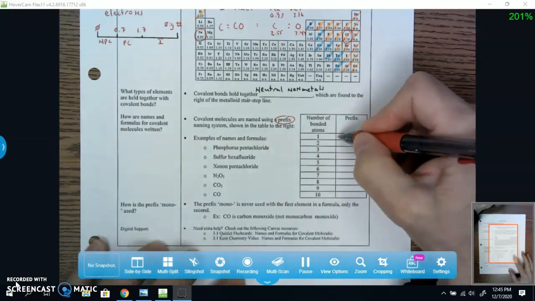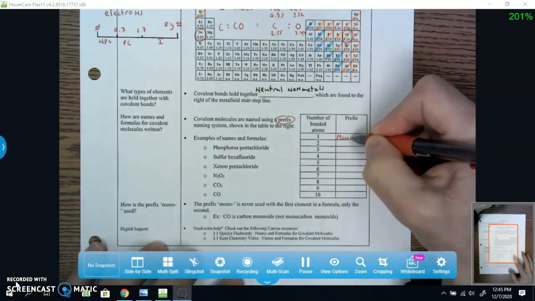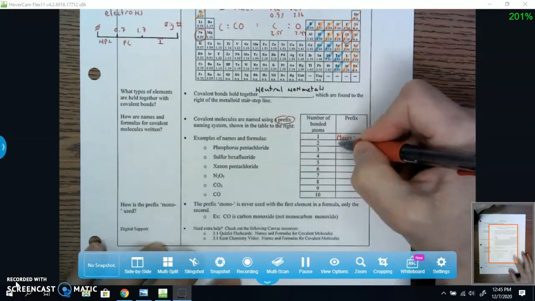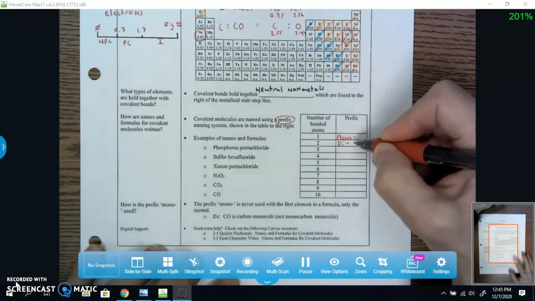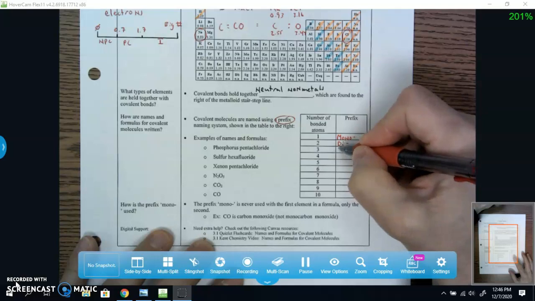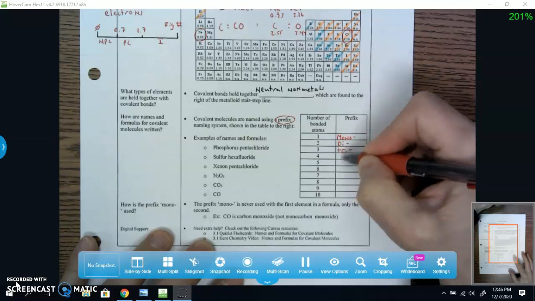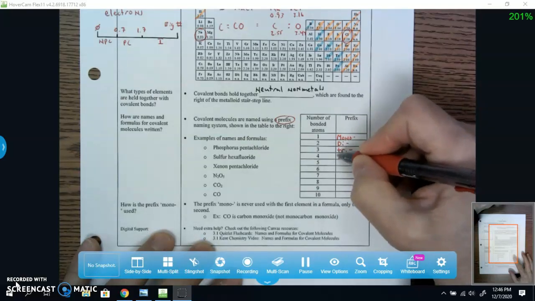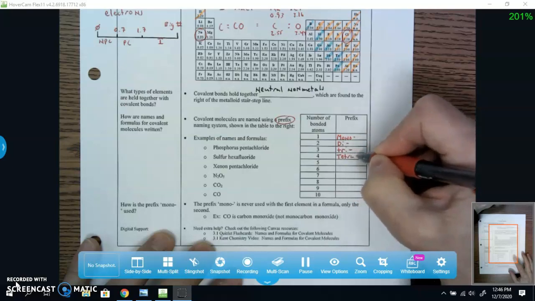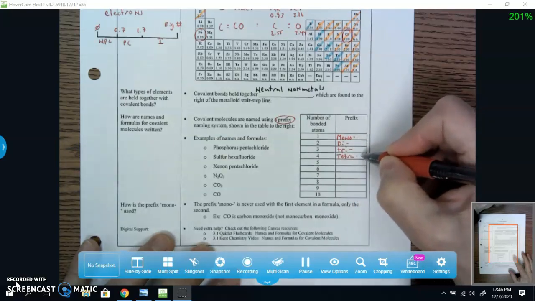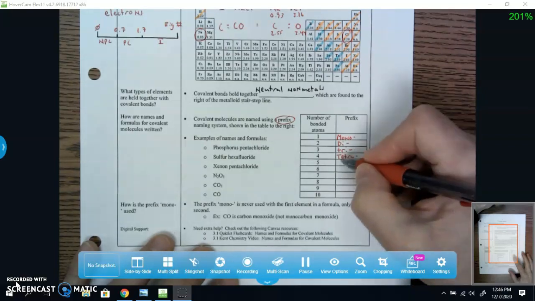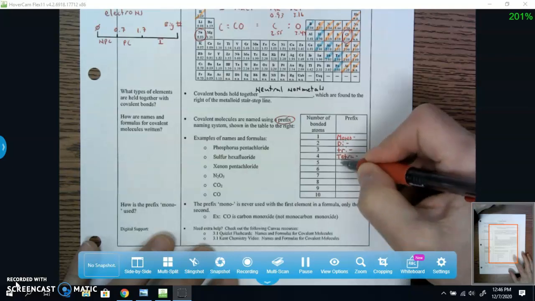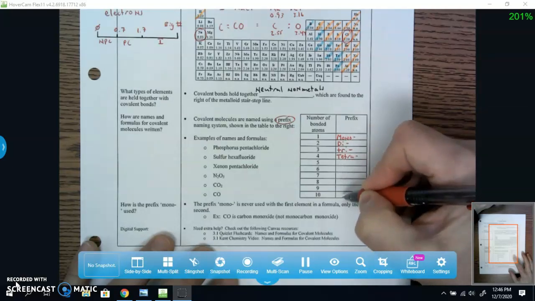All right, 1 is the prefix mono, 2 is the prefix di, 3 is the prefix tri, 4 is the prefix tetra. I know it might make sense to use quadra or something like that for quadrilateral, but we use tetra to mean 4 of something. From this point on, you'll hear that most of these names have to do with geometric shapes.